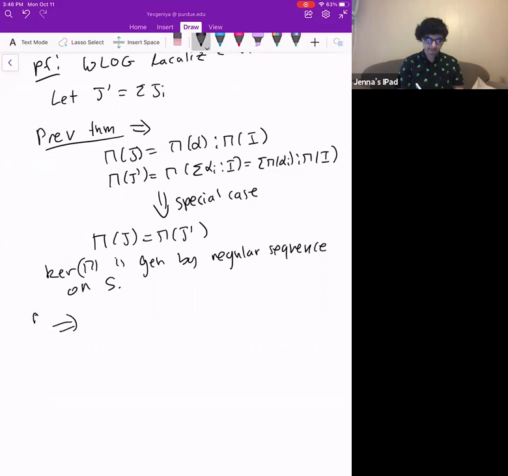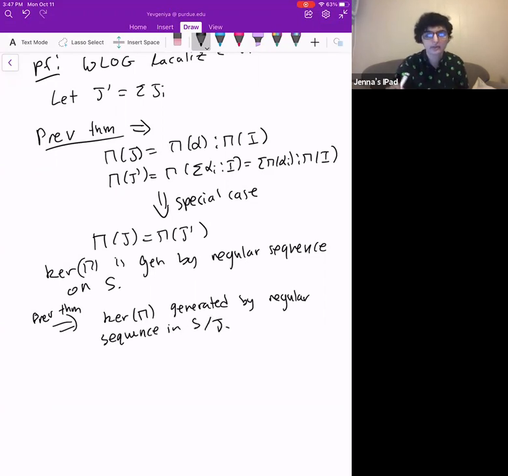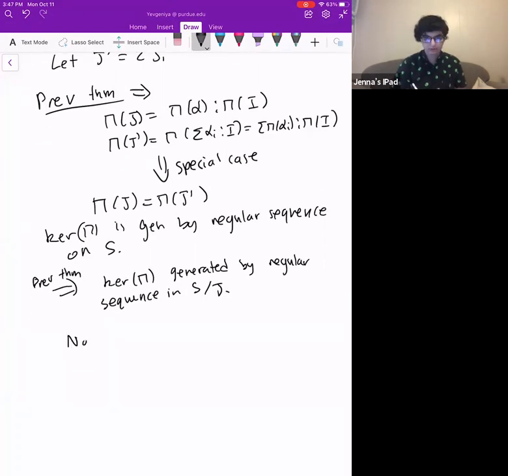And so we can use the previous theorem to say that the kernel of pi is also generated by a regular sequence in S mod J. So note, J prime is contained in J, and that again follows from the properties of colon ideals. And because pi of J is equal to pi of J prime, we have that J is contained in J prime plus the kernel of pi.